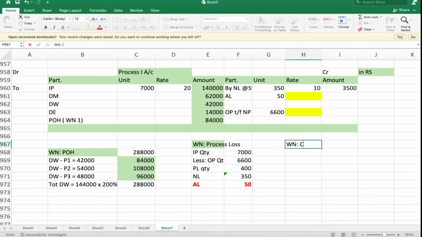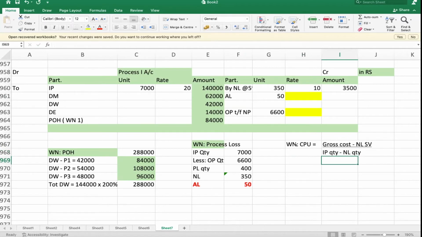The next working note is called cost per unit. You have to compute per unit cost. The formula for the cost per unit is gross cost minus normal loss salvage value, divided by input quantity minus normal loss quantity.